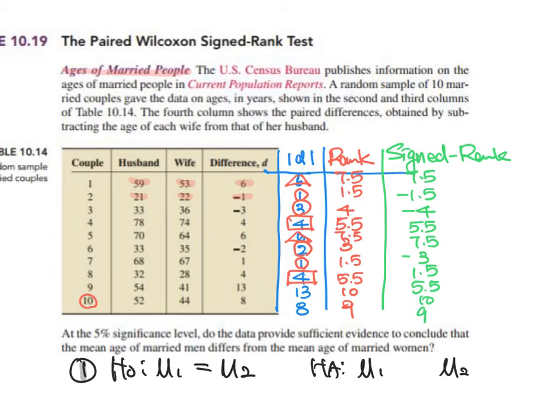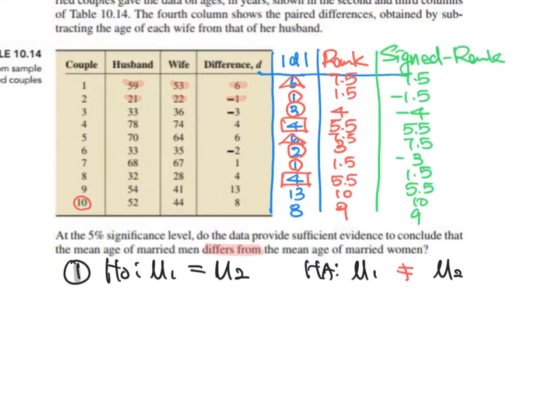We want to test whether they differ, so it's not equal to, a two-tailed test. The test statistic was W, the rank sum of the positive ranks.